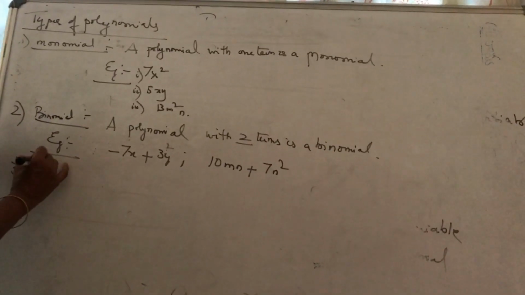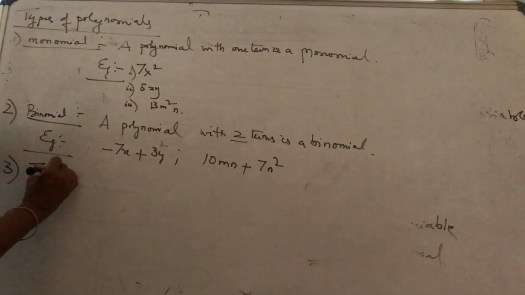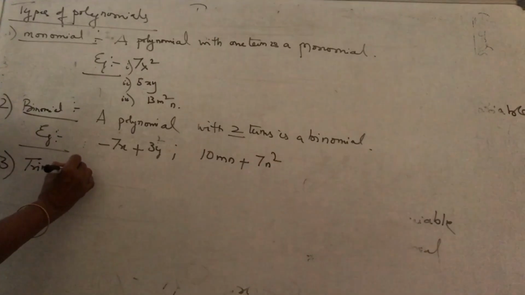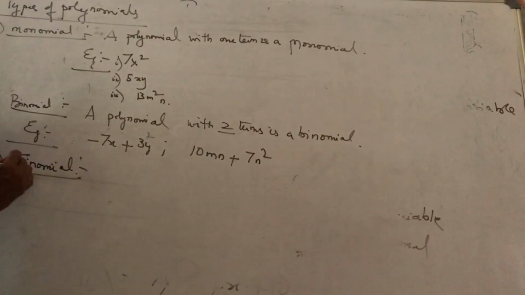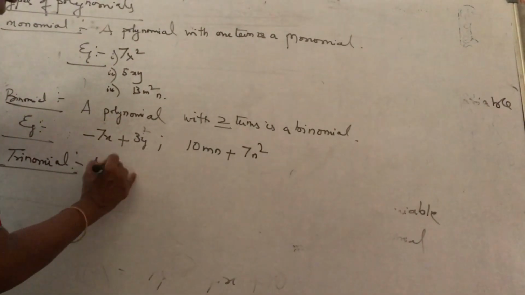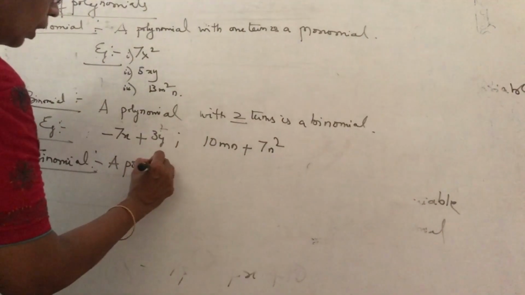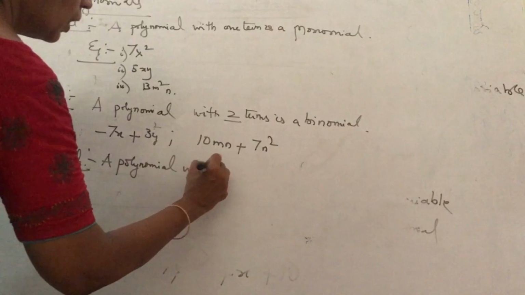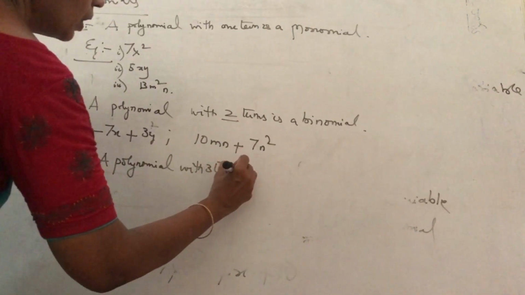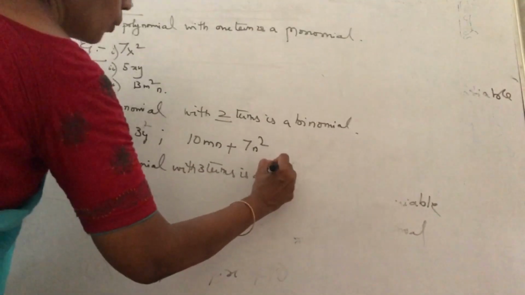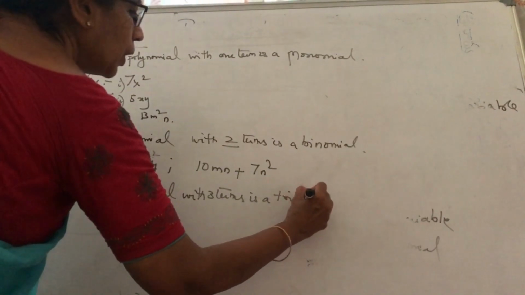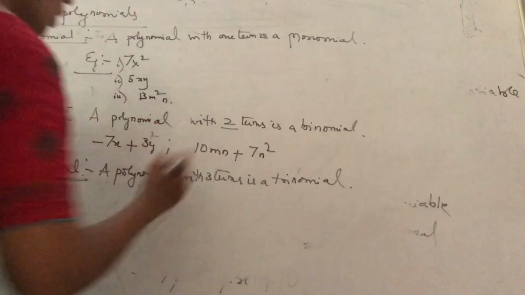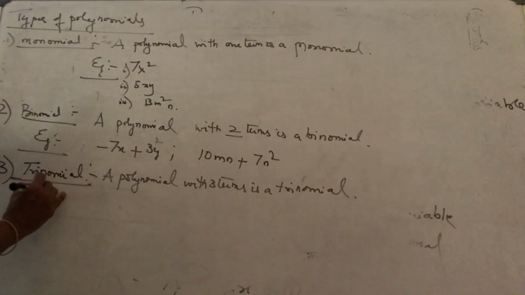Third one, trinomial. Tri means what, children? Three terms. A polynomial with three terms is a trinomial.